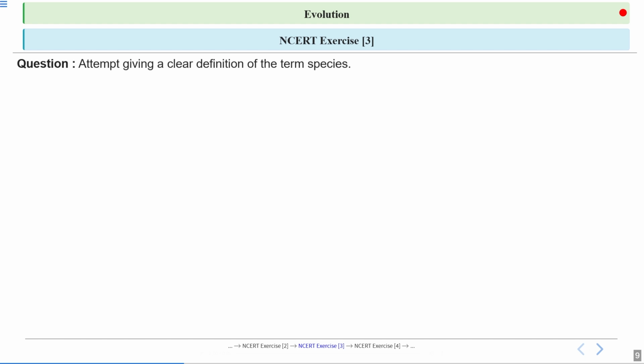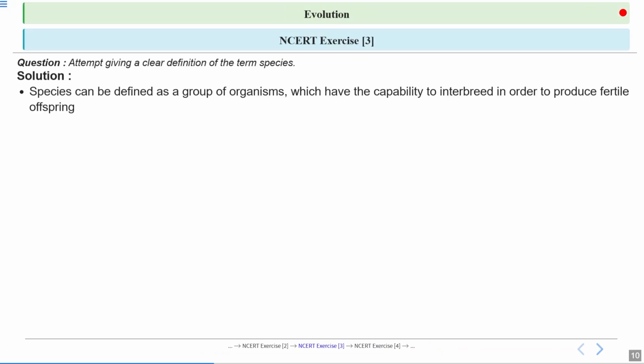The question is: attempt giving a clear definition of the term species. Let's have a look at the answer. A species can be defined as a group of organisms which have the capability to interbreed to produce fertile offspring.